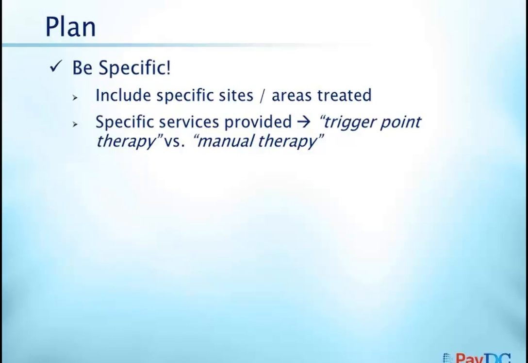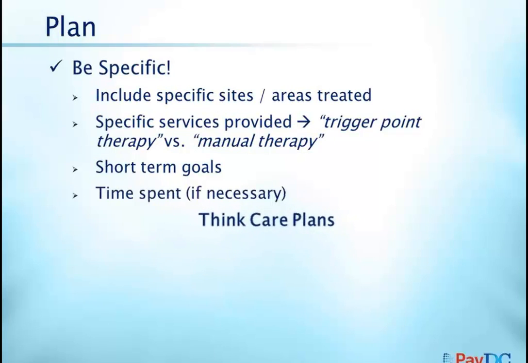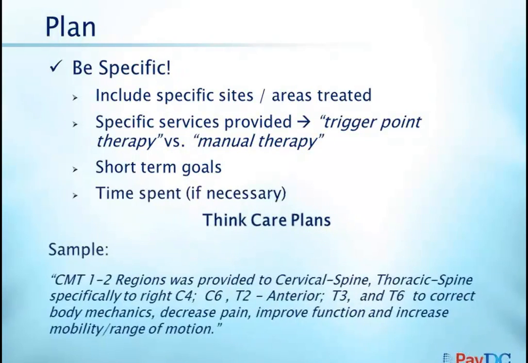Again, be specific. Don't just say manual therapy, therapeutic exercise, what have you. Short-term goals, time spent. Of course, time is going to be necessary on a visit-by-visit basis. If you're using time-based codes, you must record the minutes spent. You can do it 2 different ways according to Medicare.